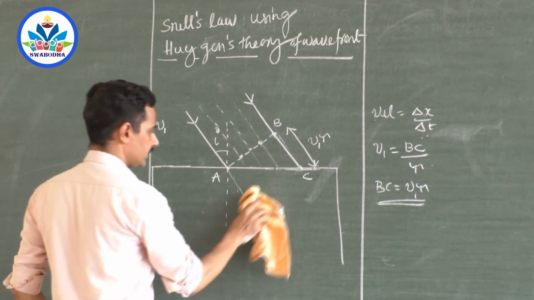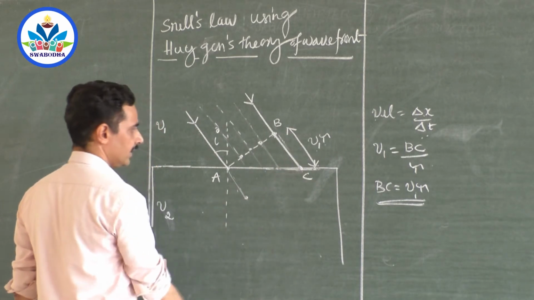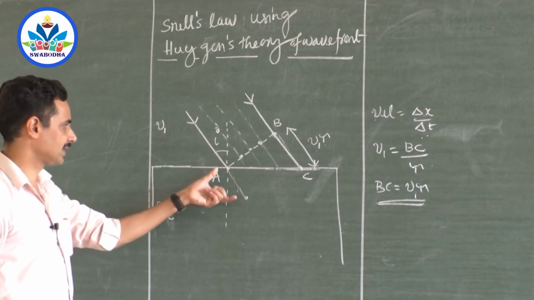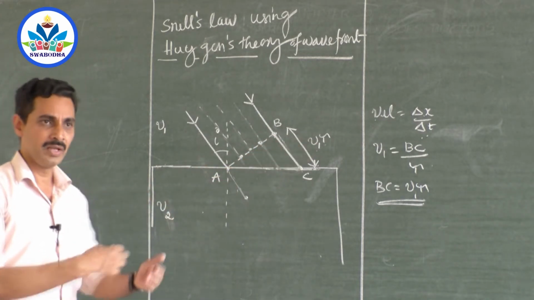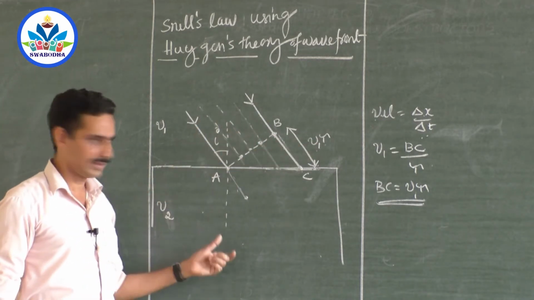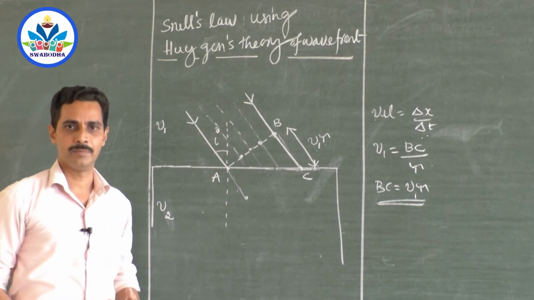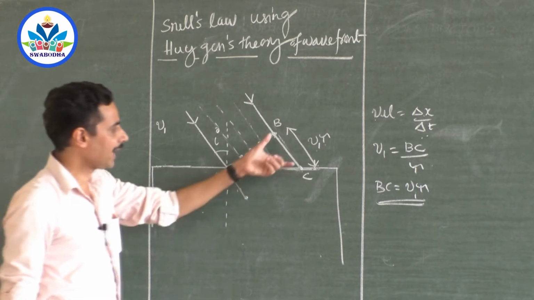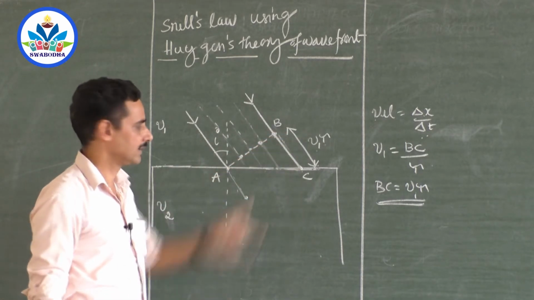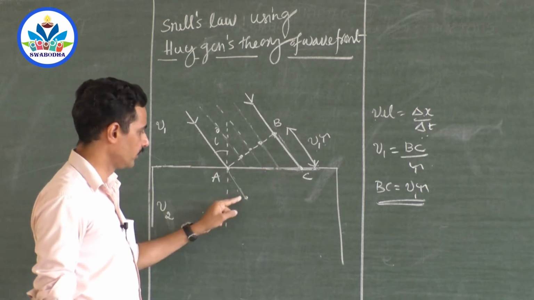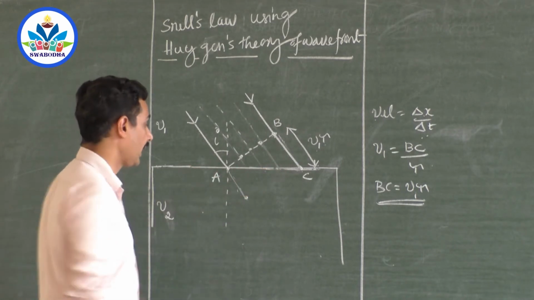But will it continue its journey in the same direction? Suppose it is a little bit less. How much less? How much distance will it travel in the same time tau, because whether the wave is traveling in air or in glass or water, the time is the same. Time cannot be different. In a time of tau, say 10 seconds, this reaches here. In the same 10 seconds, this will move forward inside the medium. But where will it move forward?